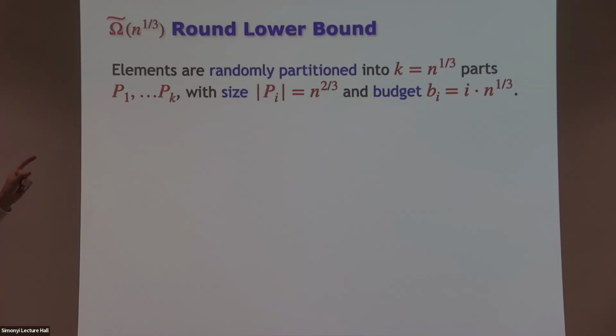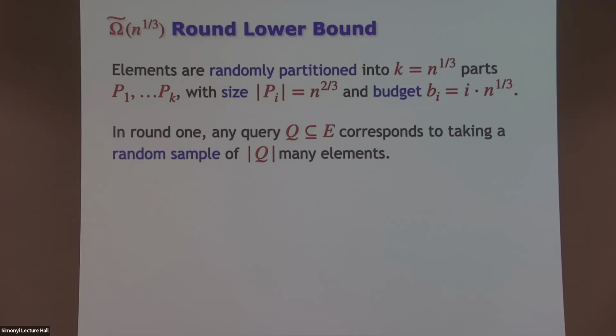The budget of the ith part is i times n to the 1/3, so you basically have a staircase of increasing budgets. The claim is that any algorithm which finds a basis of this instance of partition matroids requires n to the 1/3 adaptive rounds of queries.